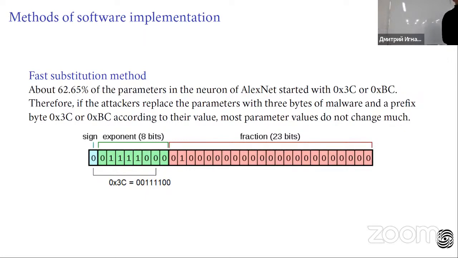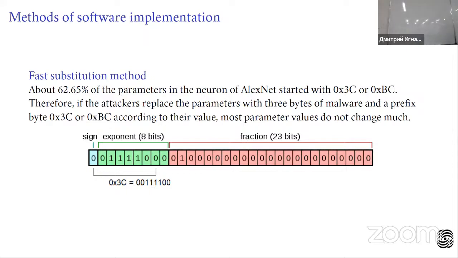The difference is only the sign. So we can change the exponent to that, and the last 24 bits we can change for the payload values.